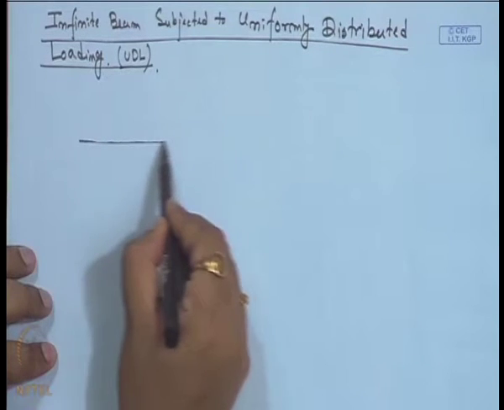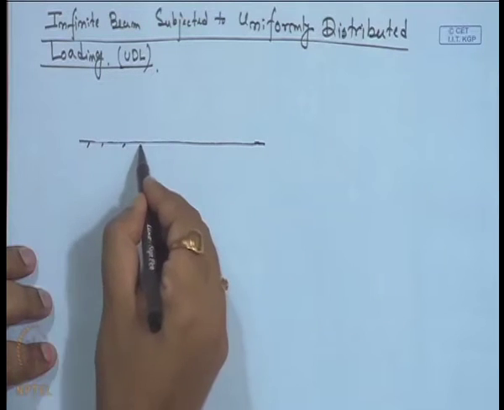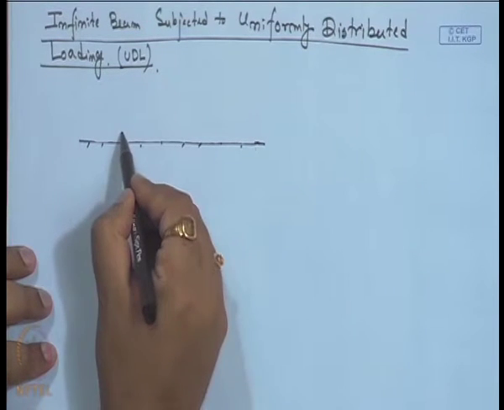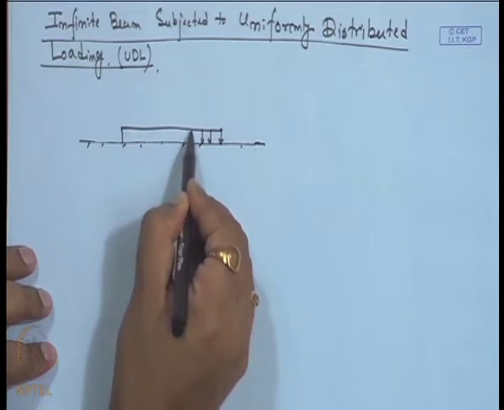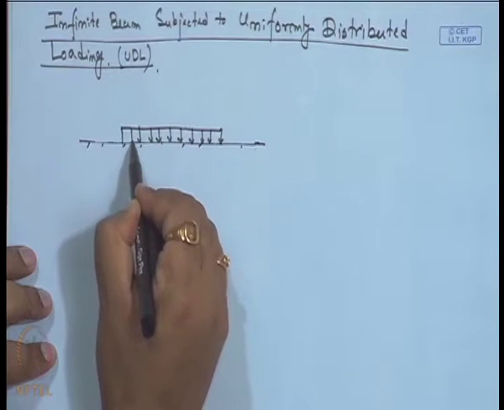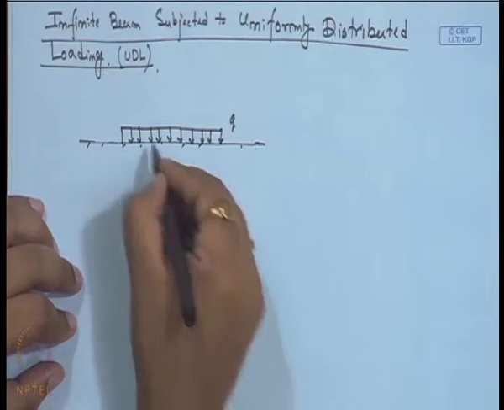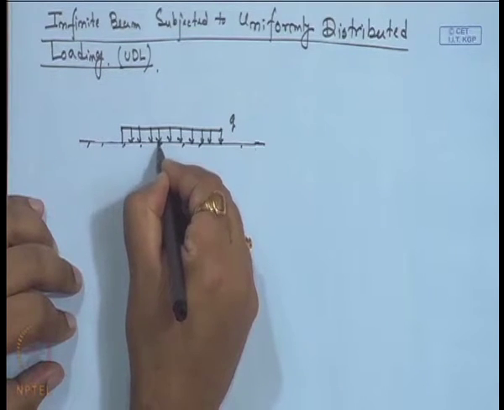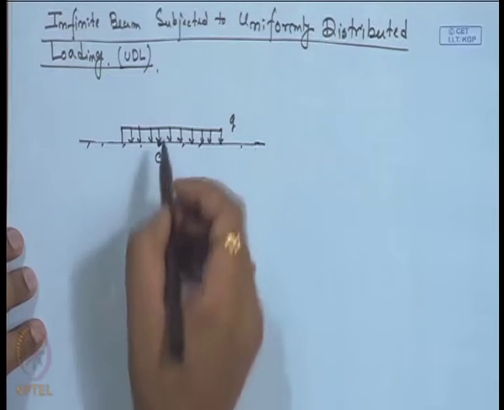Suppose we have an infinite beam and where it is subjected to a UDL of intensity Q. This is Q, and we have a point C, say within that beam.